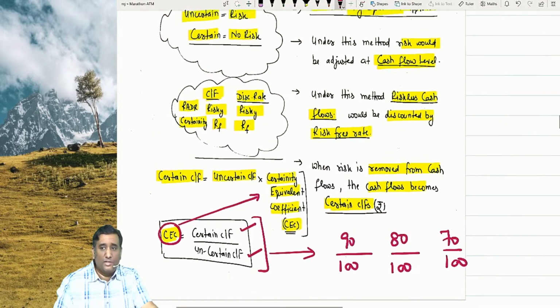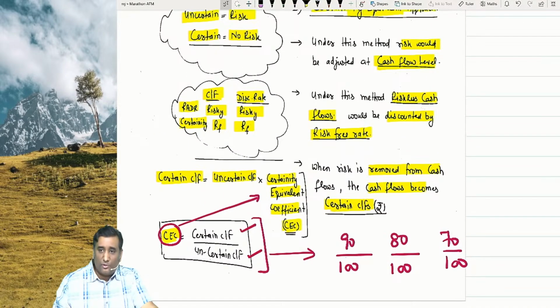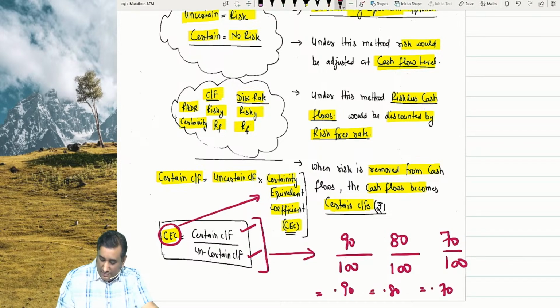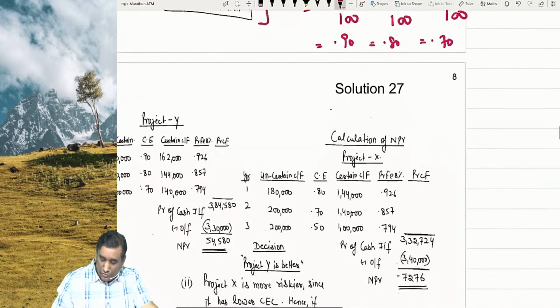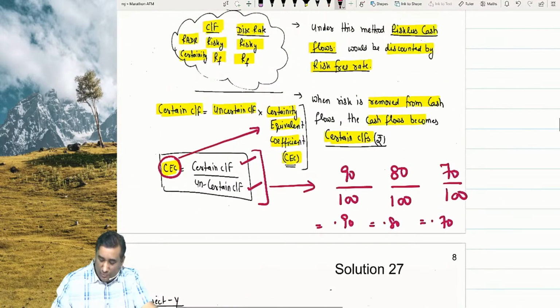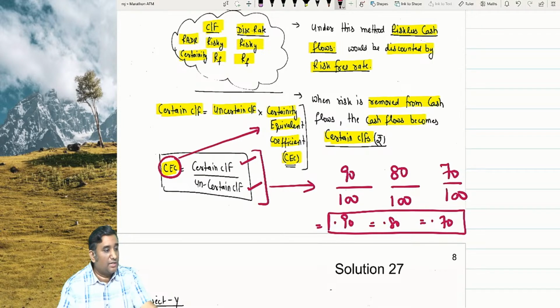Now, using the calculator, 0.9, 0.8, 0.7. Now if I show you only 0.9, 0.8, 0.7, if only this is given to you, which is more certain? Or let me put it in simple words, which has lower risk?